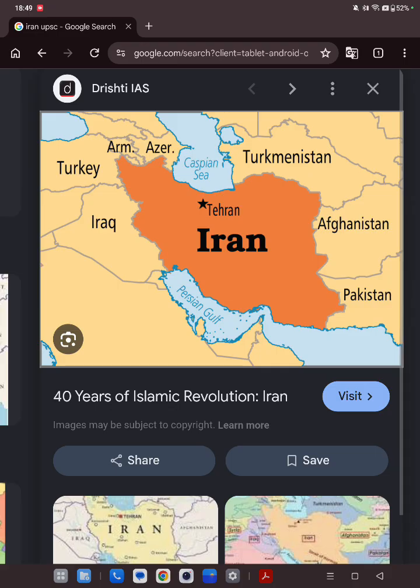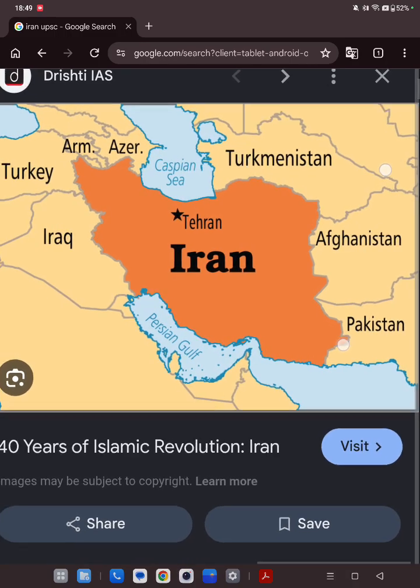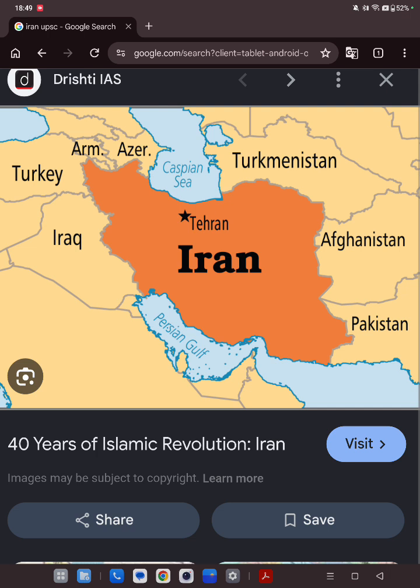Now see, Iran is surrounded by Pakistan, Afghanistan, Turkmenistan, Azerbaijan, Armenia, Turkey, Iraq, then the Persian Gulf. And the Persian Gulf, through the Strait of Hormuz, connects to the Gulf of Oman, which connects to the Arabian Sea.